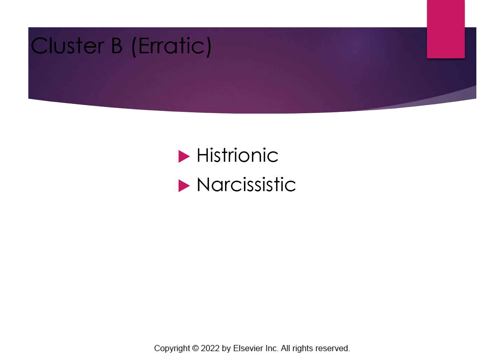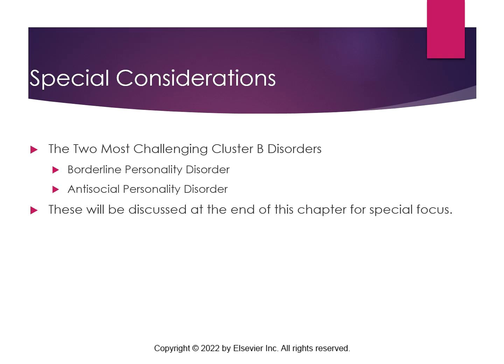So they would be the ones that would end up in the court system, or in the legal system. And so here you have the special considerations for those two that I just mentioned, the borderline and the antisocial, and these will be discussed at the end of the chapter for special focus.